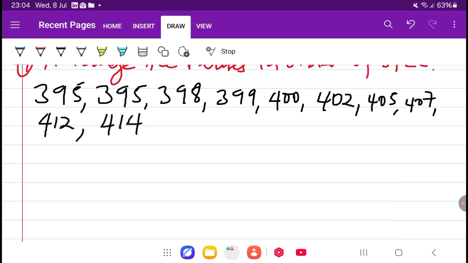So if you start cancelling these values, you cancel one on the left and one on the right. This and this, this and this, this and this, this and this. You will see that these values, 1, 2, 3, 4, 5, 6, 7, 8, 9, 10, there are 10 values.